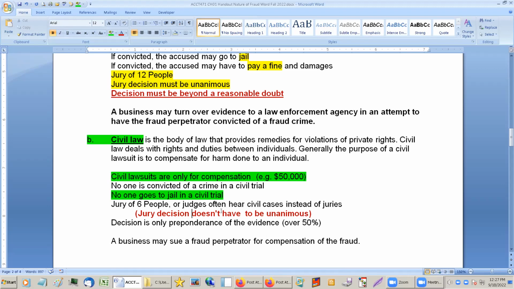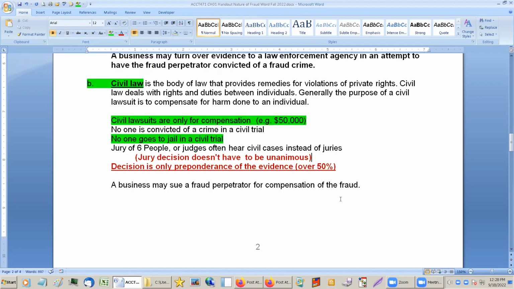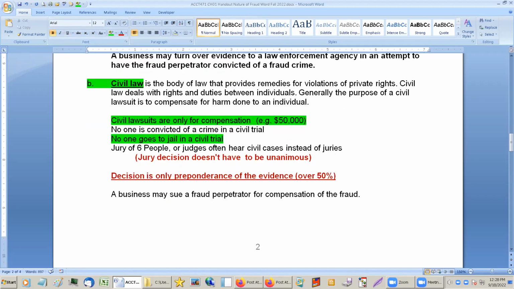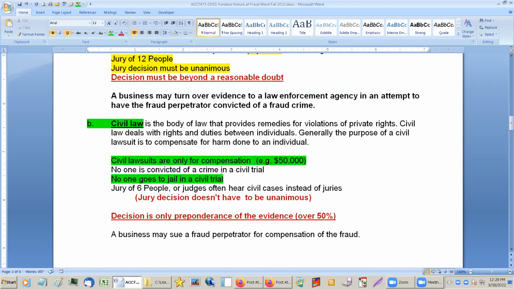All right, now another very important part of this is that it does not have to be beyond a reasonable doubt. This is only a preponderance of evidence, generally over 50%.